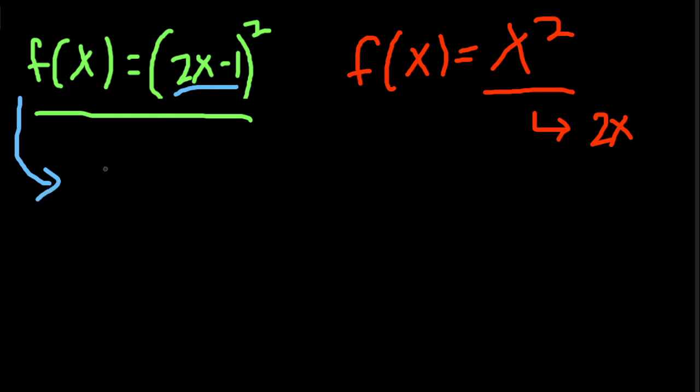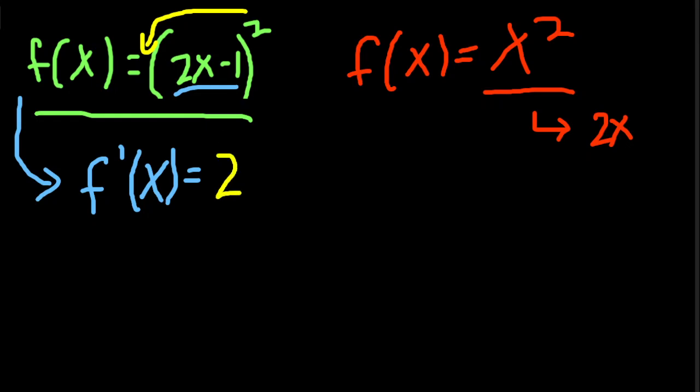So we're going to do f prime of x. We have to bring the 2 out front, like we mentioned already, so we do 2, and you leave the function that we have in here for now, 2x minus 1. And then we still subtract 1 from 2 to get 1.